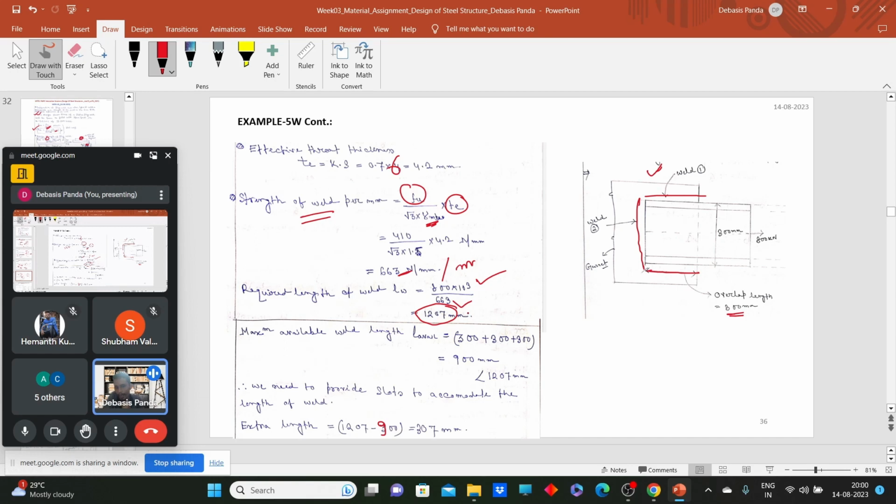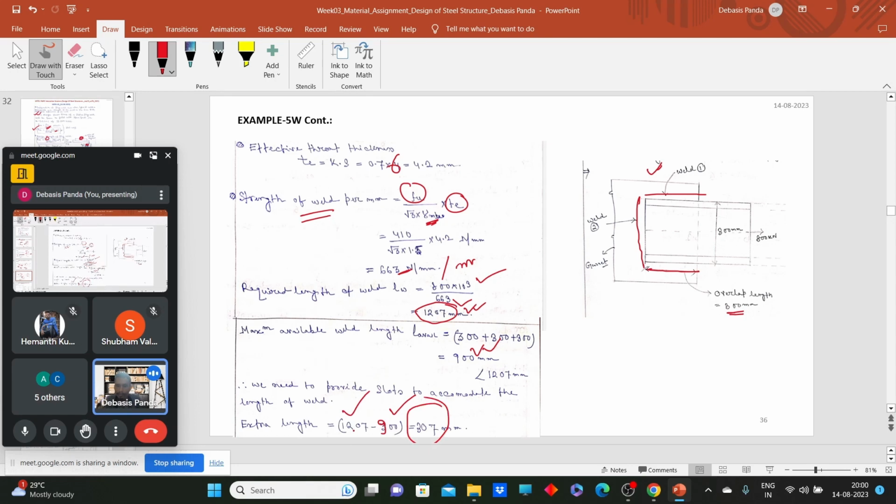So my required length is that, my available length is 900 mm. So obviously, to accommodate this required effective length, we need to make some slots. So first, try to understand how much extra length we should provide. The required length minus available length, so 307 mm. We need to have that 307 mm or more length within the joint.